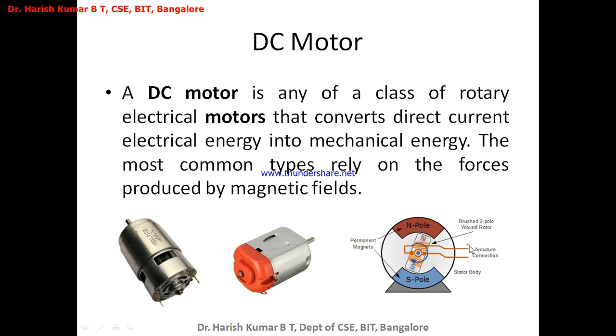Now when you supply positive and negative voltage to this, this acts as the North Pole and this acts as the South Pole. Because with any windings, when you supply the potential difference, one end acts as north and the other acts as south. When this is acting as north, this North Pole and this North Pole repel, and south and south also repel.